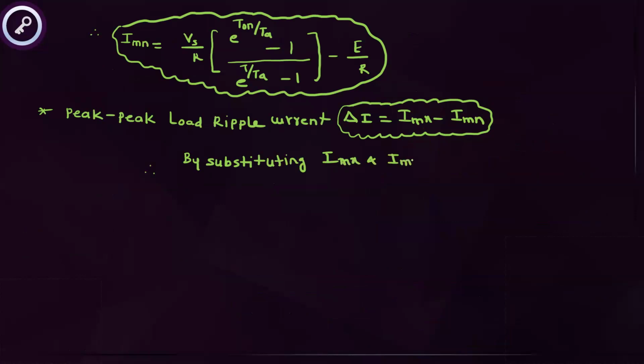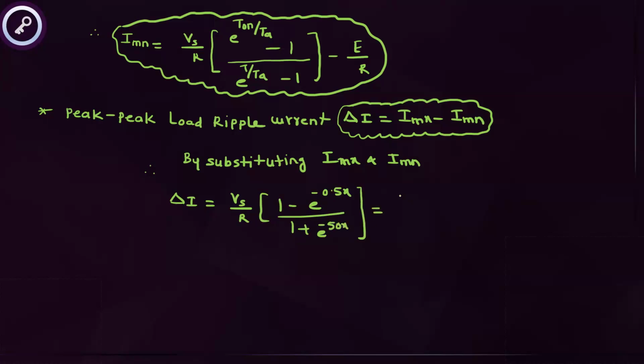Then what can we get? One formula I'm writing: delta I equals Vs by R into (1 minus e power minus 0.5x) by (1 plus e power minus x). The derivation is there, but not required.